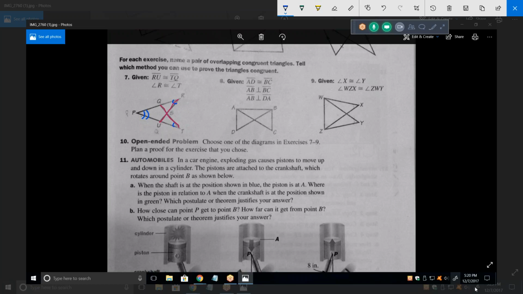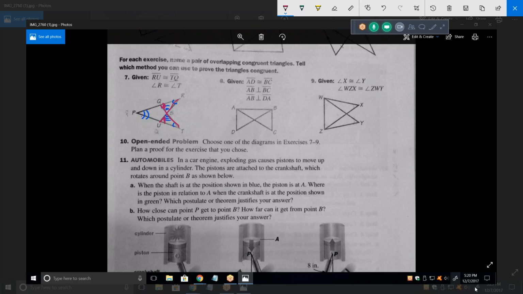They said RU is congruent to TQ. Well, that makes this angle equal to this angle. Now, notice that this angle right here, because of the little triangle, has to be the same as this angle right there.